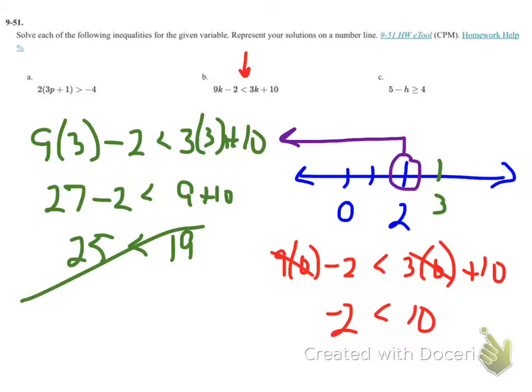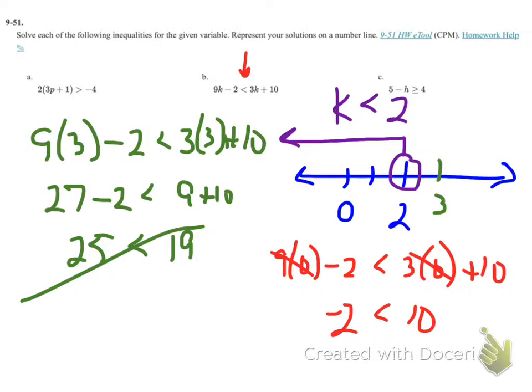That is not true. So that means I do not shade that direction. Oh, I need to finish writing the answer out for this problem. Sorry. So I know the boundary point is on 2. So I have k going less than 2.